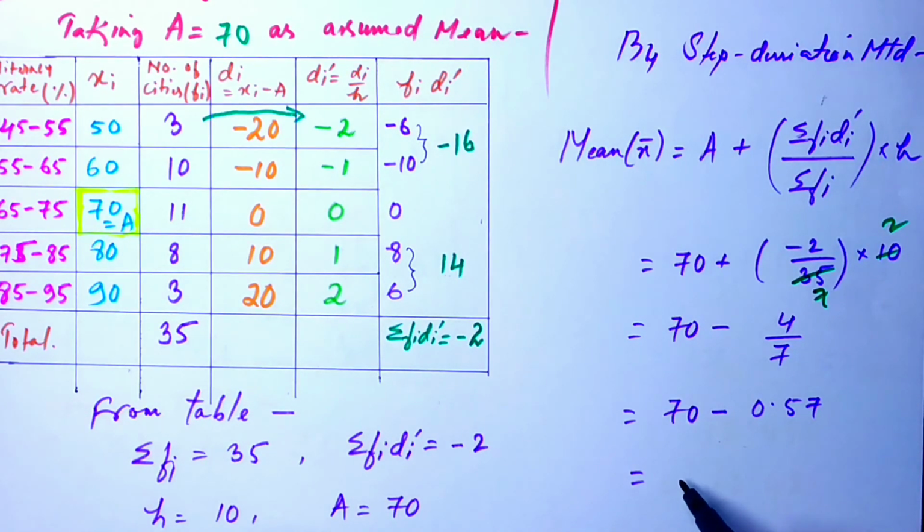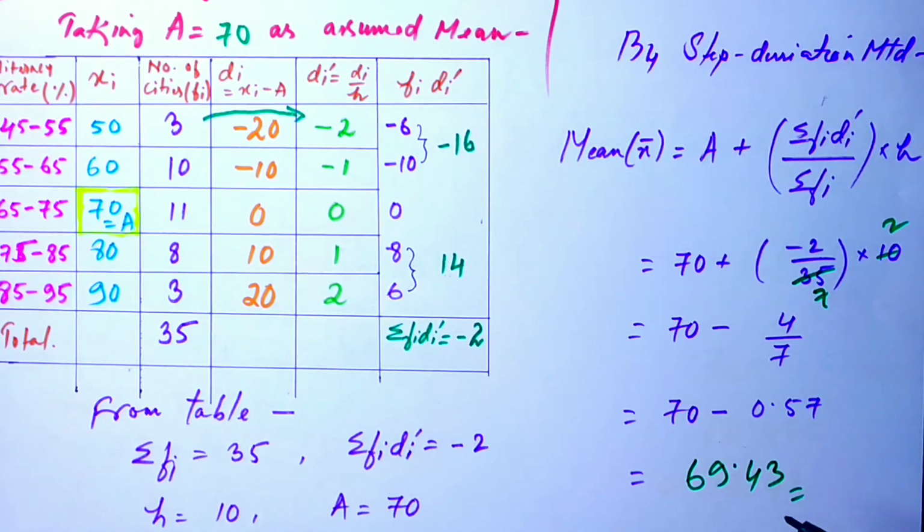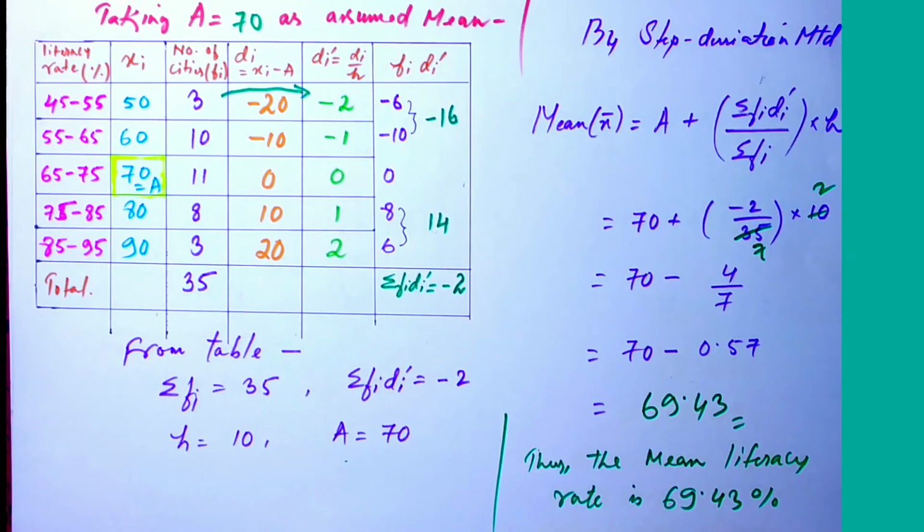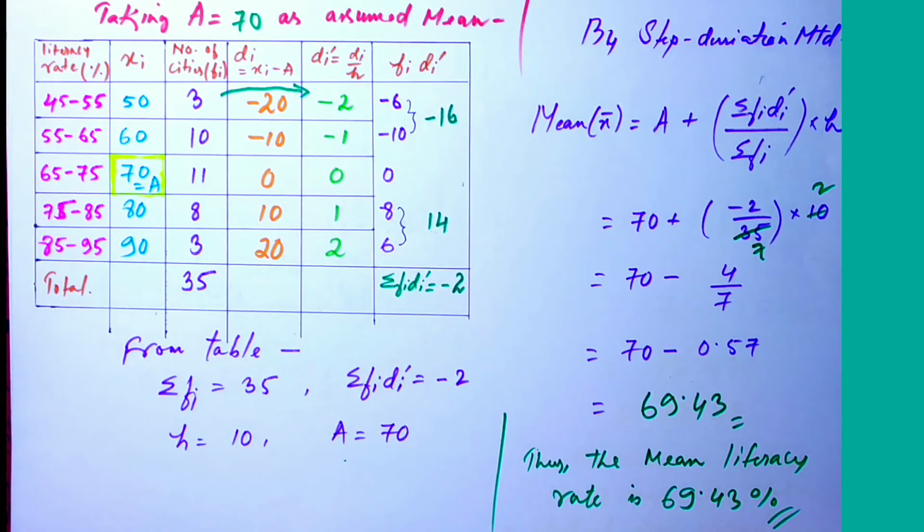After subtracting we have 69.43, which is our answer. Therefore the mean literacy rate is 69.43 percent. So this is our answer.